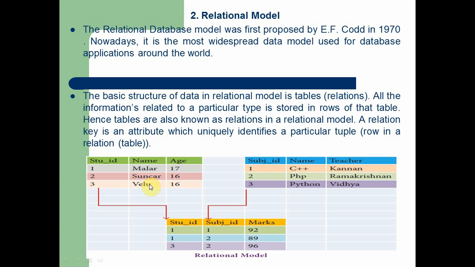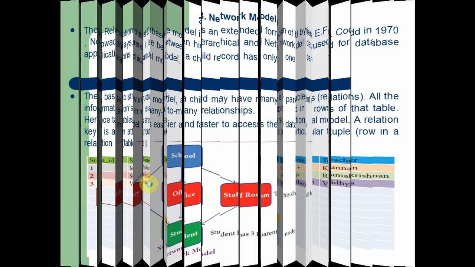Each table must have one or more keys, columns or attributes to relate with other tables or relations. These columns or attributes are called relational keys in the relational model. This is a very successful model which we use nowadays.